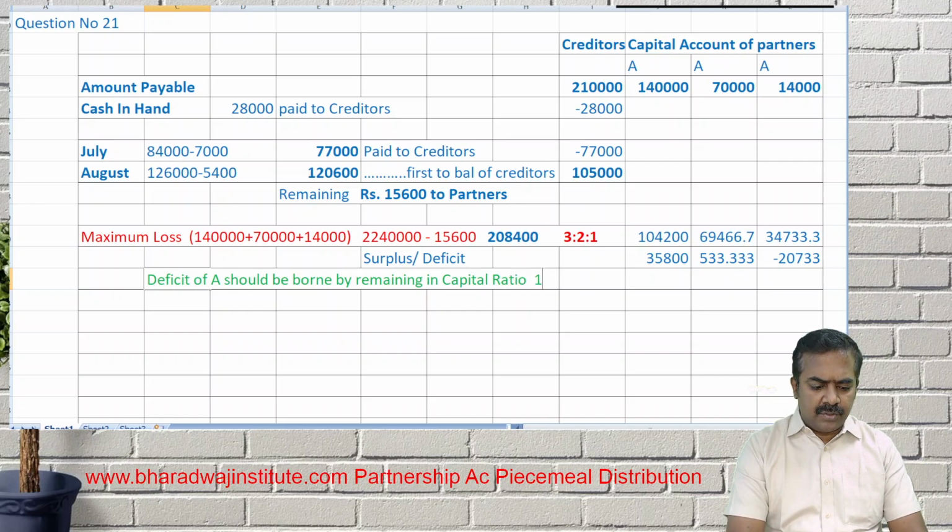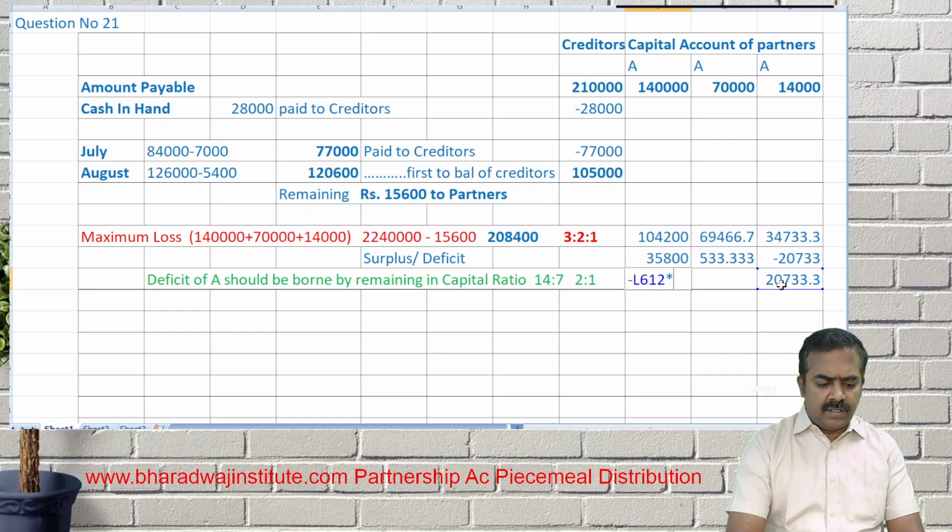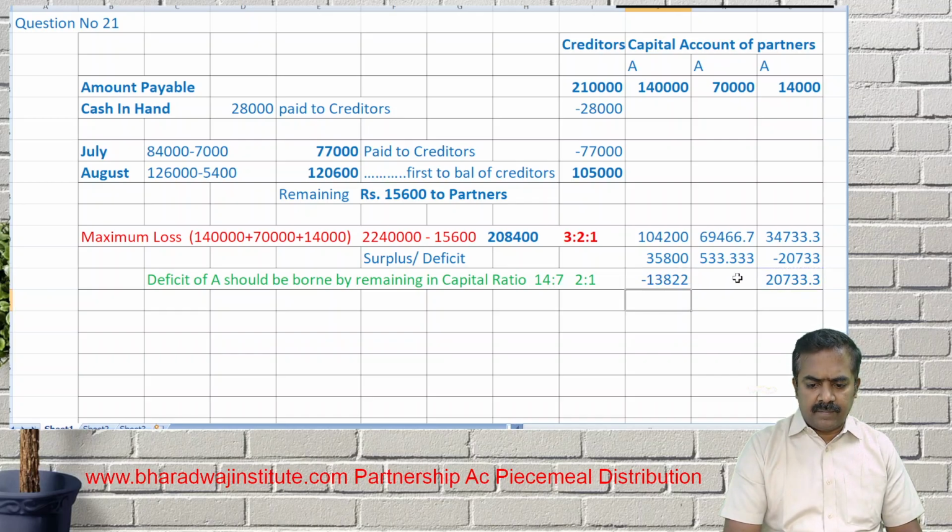What is the capital ratio? 14:7, we can say 2:1. Share this in 2:1 ratio. This into 2/3, this into 1/3.